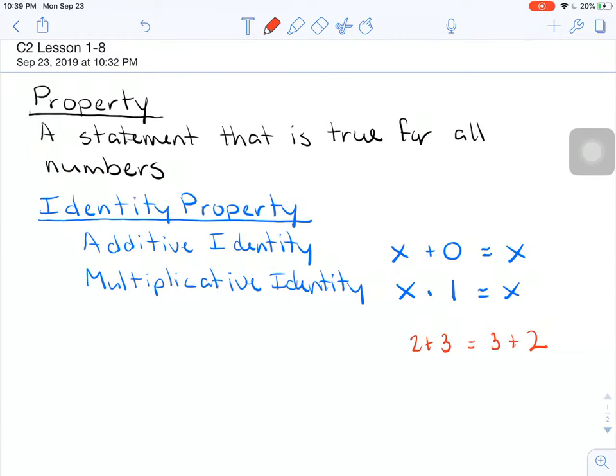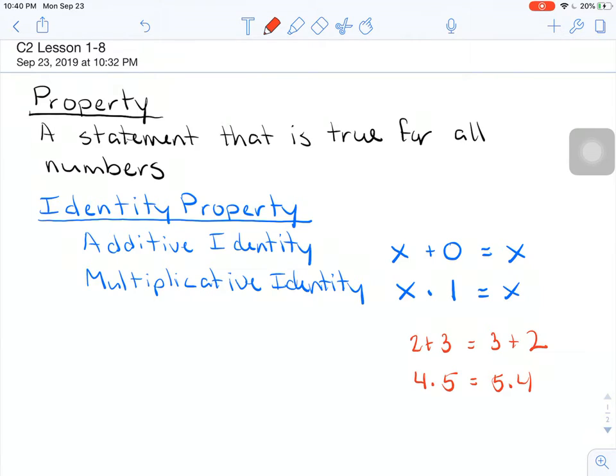The same thing works for multiplication. If I do 4 times 5, that gives me the same answer as doing 5 times 4. So when you're adding or multiplying, it doesn't matter what order you add or multiply the numbers in, the answer will still be the same thing.